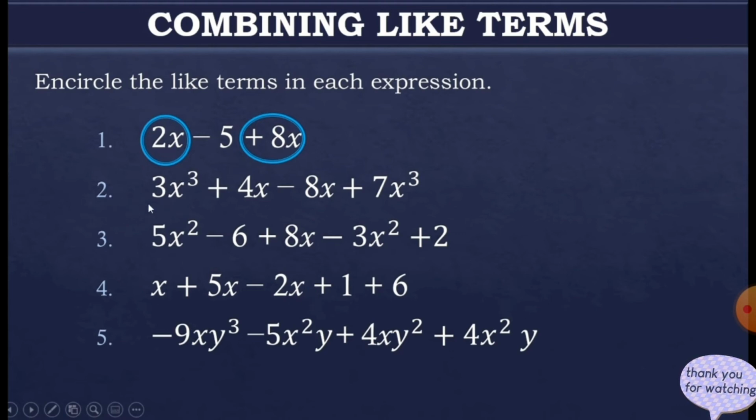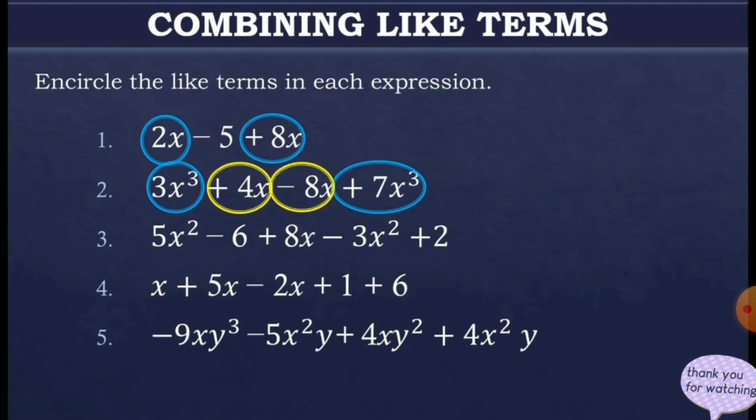For number 2, you can see 3x cubed and 7x cubed are like terms. Kasi yung variable na x at yung exponent ay magkatulad. Okay? And another like terms we have is 4x, the positive 4x, and negative 8x.